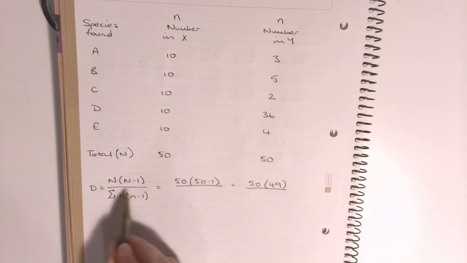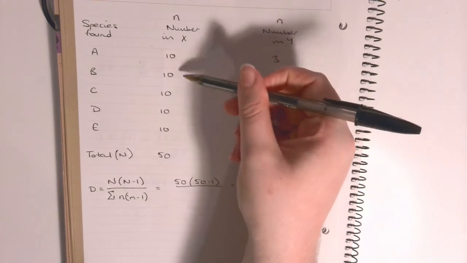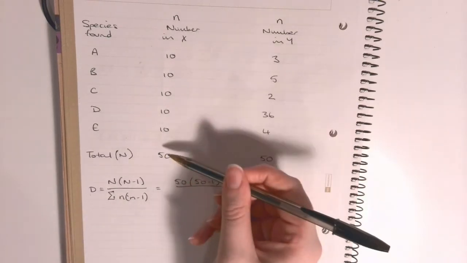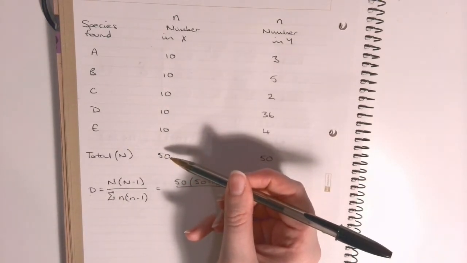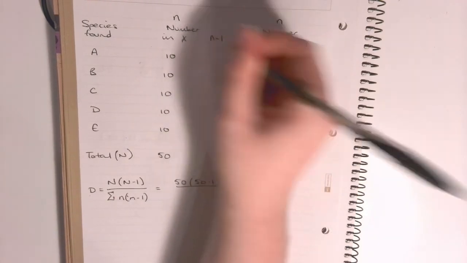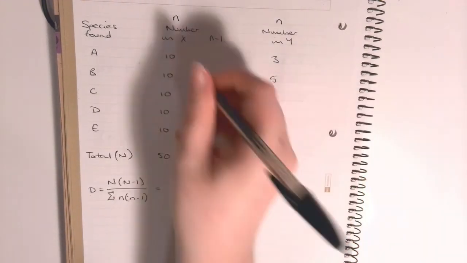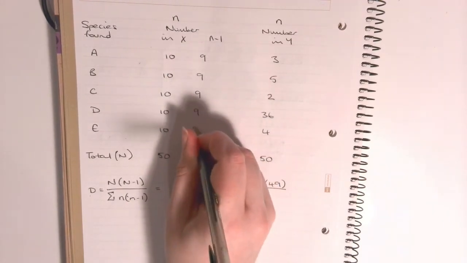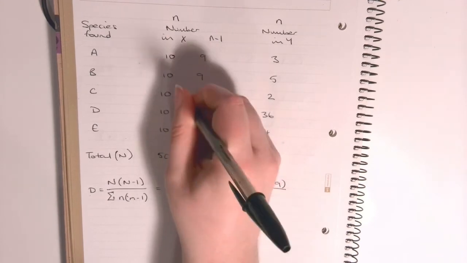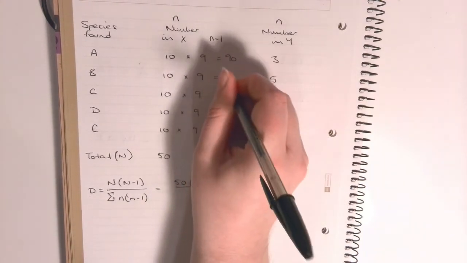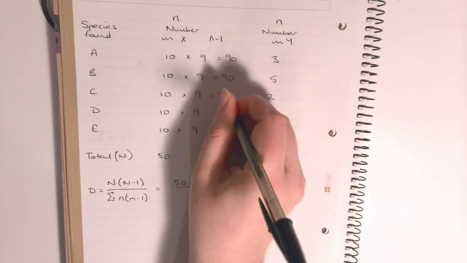Next, we need to do the bottom line, which is each individual one multiplied by that number minus 1, which for X is going to be identical. So n minus 1, let's add in another column there. It's going to be 9, 9, 9, 9, and 9. Multiply those out, we get 90.